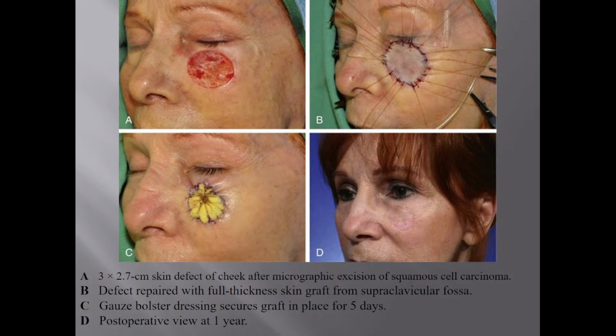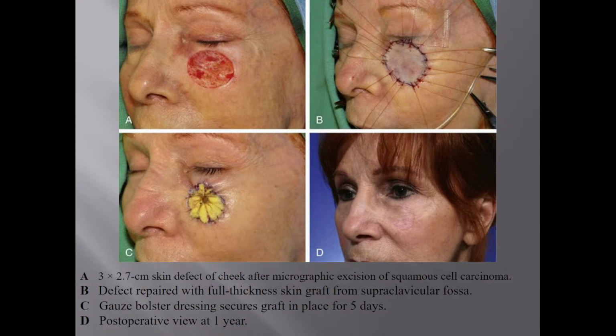And on photo C, you can see a gauze bolster dressing that secures the graft in place, usually for not less than 5 days, in order to press this skin graft to the recipient site.